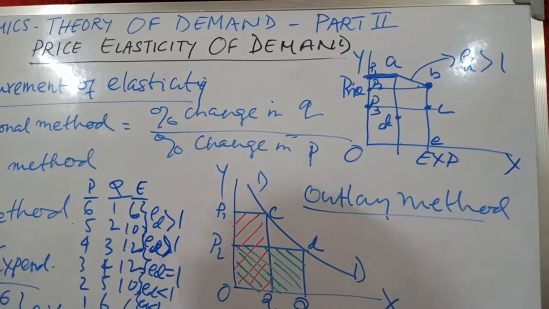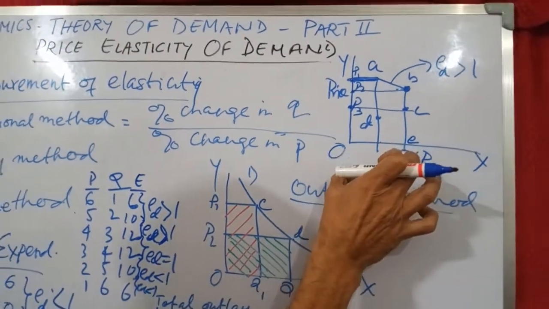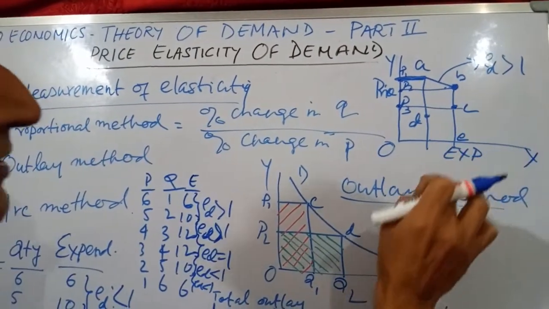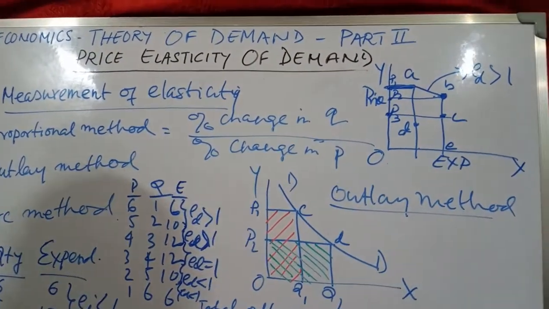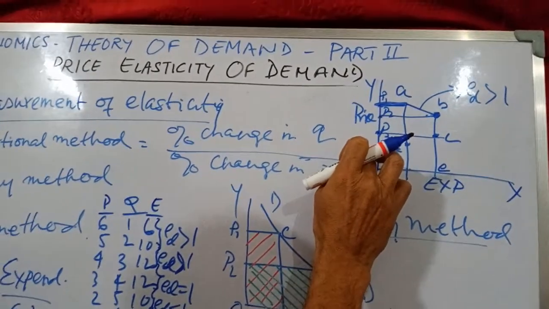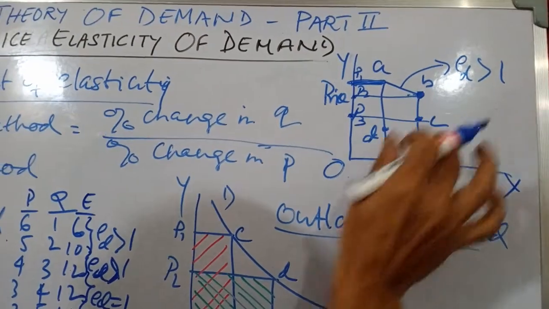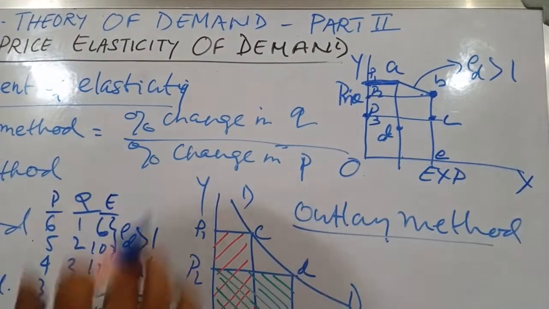So this is E. Expenditure has remained same in between B and C, in spite of falling price from P2 to P3. That is movement from point B to point C. Expenditure remains same.